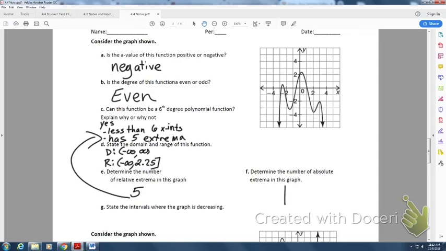G says state the intervals where the graph is decreasing. So all you would do there is you would look at the graph and you're writing essentially the parts of the graph that's decreasing. You're writing the domain for those parts. So that first one, let's say that is negative 2.5 to negative 1.5.